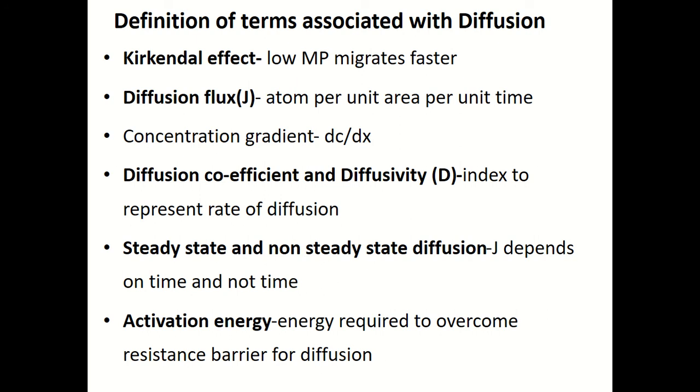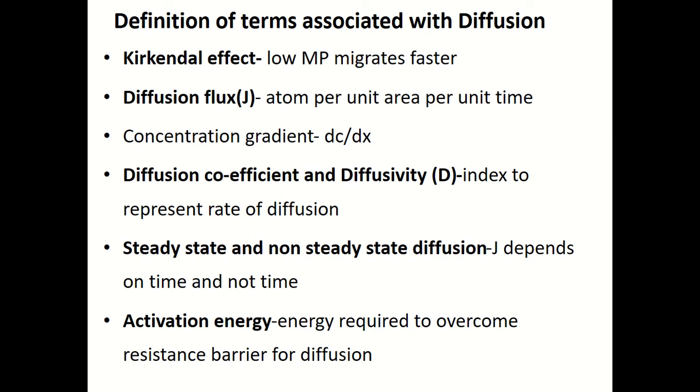Another important point is activation energy. When the atoms diffuse from one metal bar to another metal bar, the atoms have to overcome the resistance and barriers to their movement, and for that some energy is required.